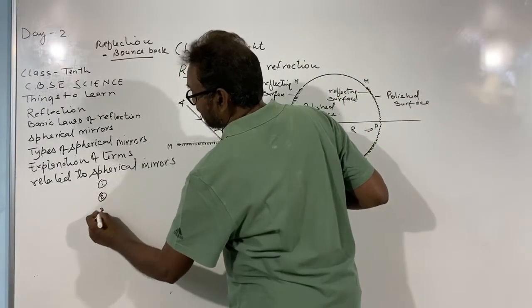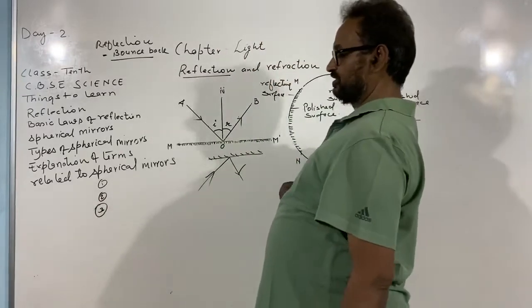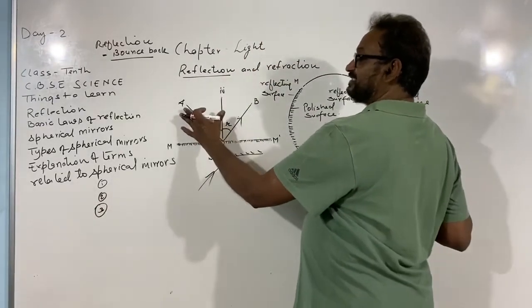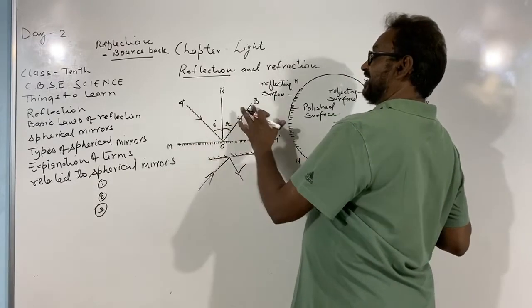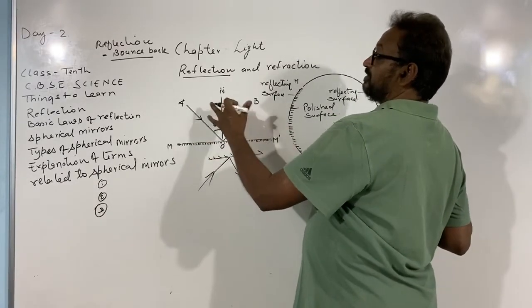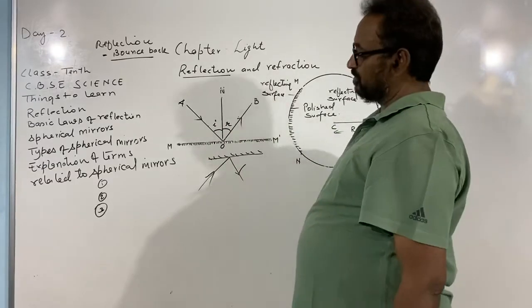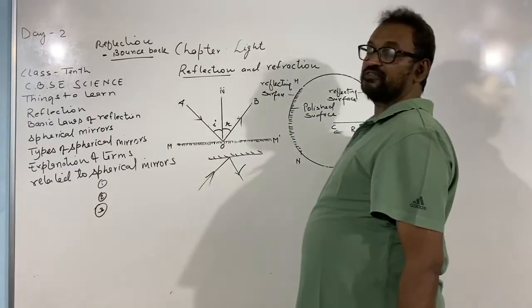These are the basic laws of reflection. The first law states that the incident ray, the reflected ray and the normal at the point of incidence all lie on the same plane.